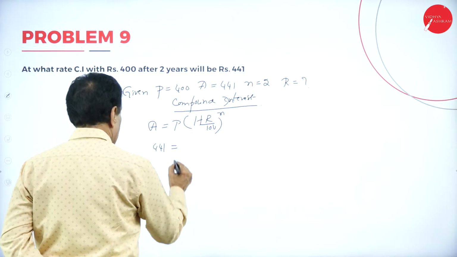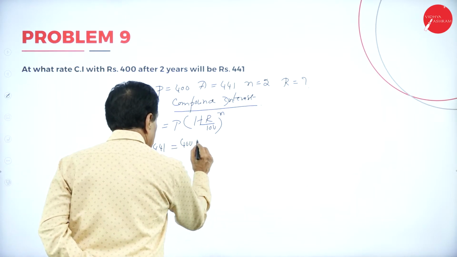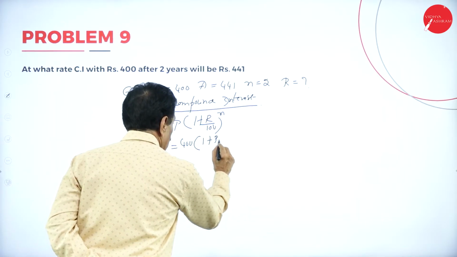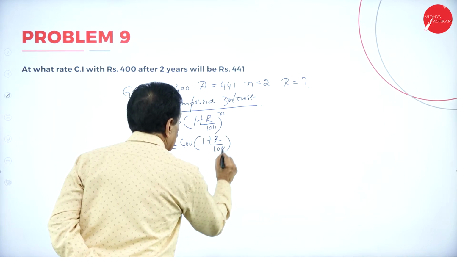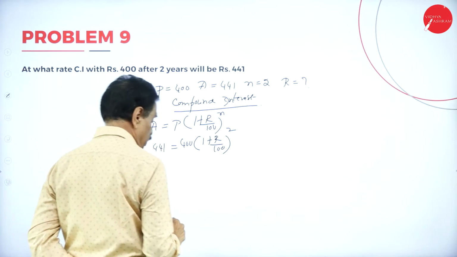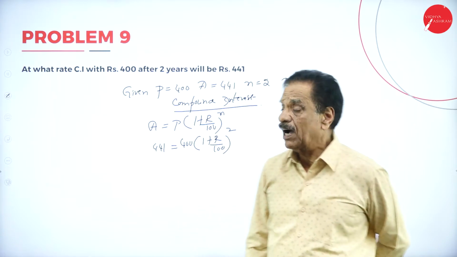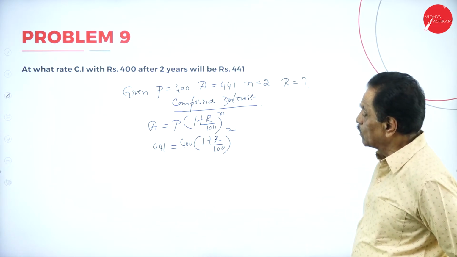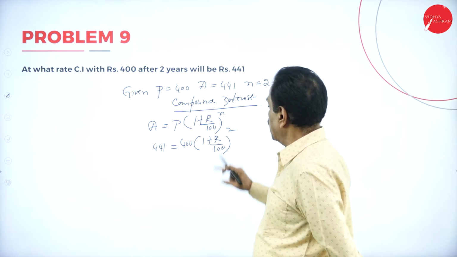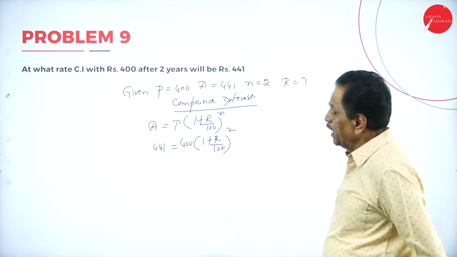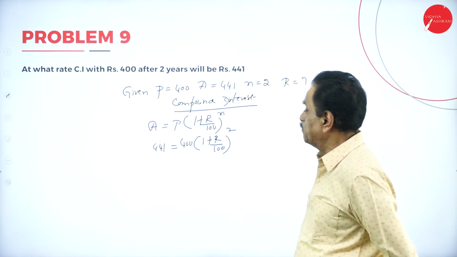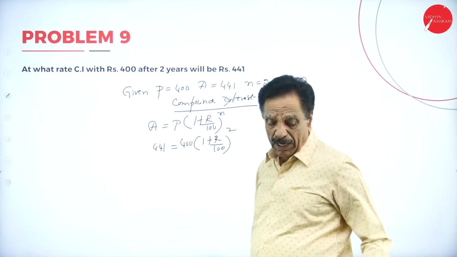What's your principal? 400 into 1 plus R over 100 to the power how many years? 2 years. I write only the formula: A is equal to P, 1 plus R over 100 to the power of N.